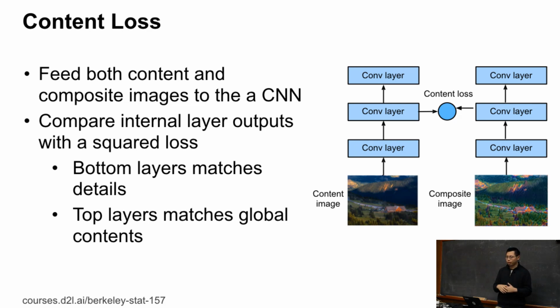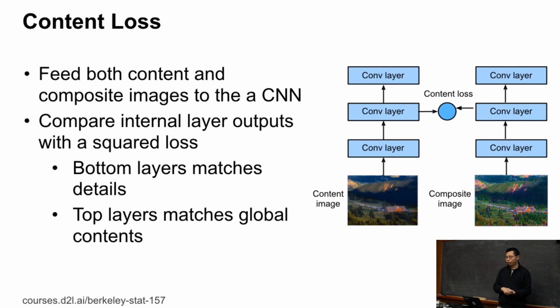If you choose the bottom layer, the bottom convolution layer is trying to find local information, because we have window by window. At the top layers, we have many windows, so we have a little bit of global information. So the bottom layer is trying to match the details.